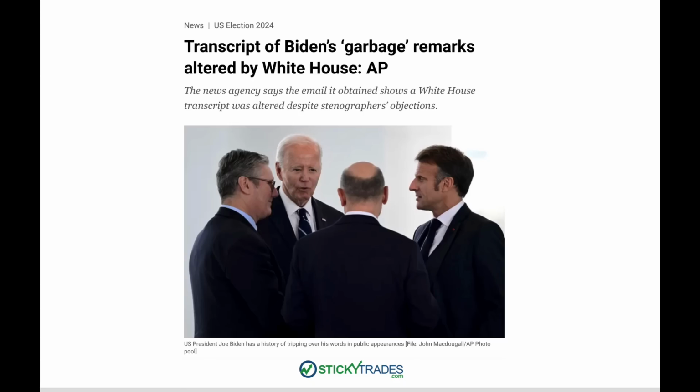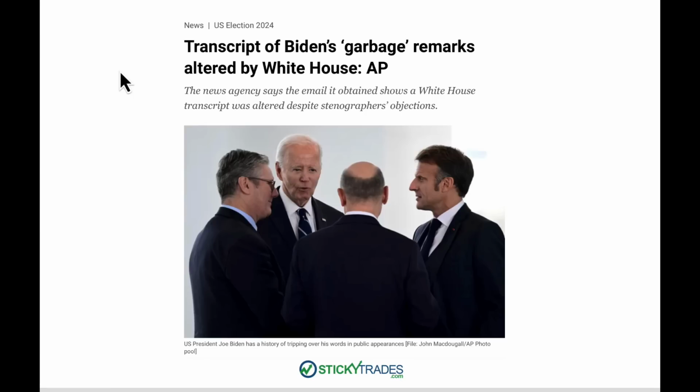Next Tuesday, we have an election, and many of you are picking up on the news of these garbage comments and such. What bothers me more than anything is that the White House, and this is according to Associated Press, the White House is altering the transcript. And stenographers have protested against this, but they're changing the words in an effort to cover up the big blunder.